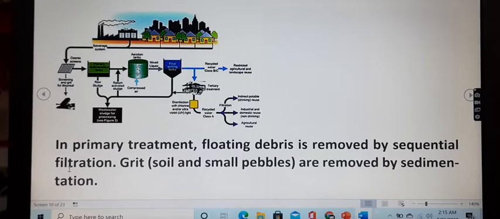Then grit, that is, what is grit? Soil and small pebbles. They are removed by sedimentation. Means the water is allowed to sediment so that the soil and small pebbles settle down.